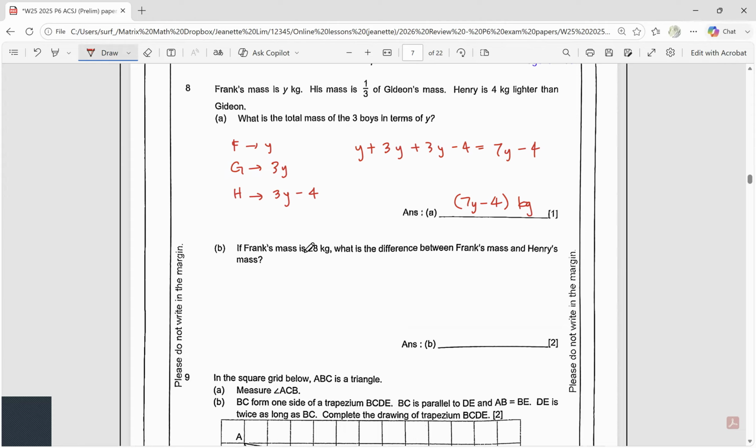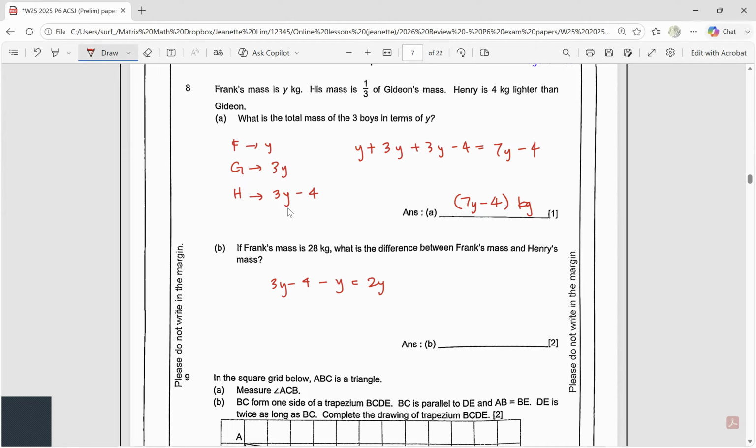If Frank's mass is 28 kg, Frank is Y, so basically they're saying if Y is 28, what is the difference between Frank and Henry's mass? Okay, Frank is 28, what's Henry? You can find the actual values, then you find a difference, or you can use the algebra here first. So Frank is lighter than Henry, so you just take Henry minus Frank.